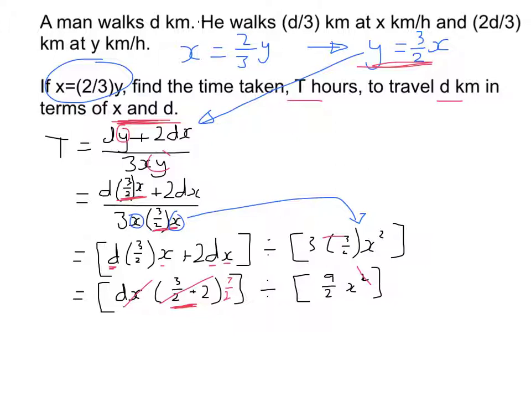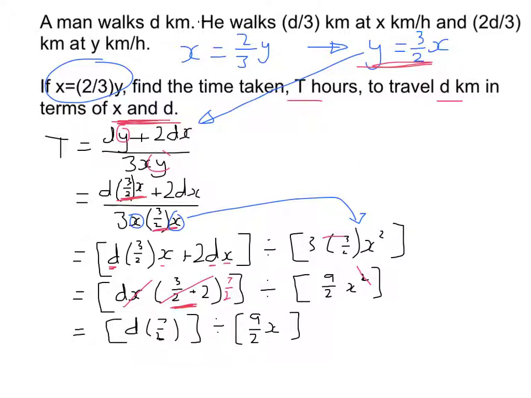So we now have, for the top line, simplified as d times 7 over 2, divided by the bottom line as 9 over 2x.